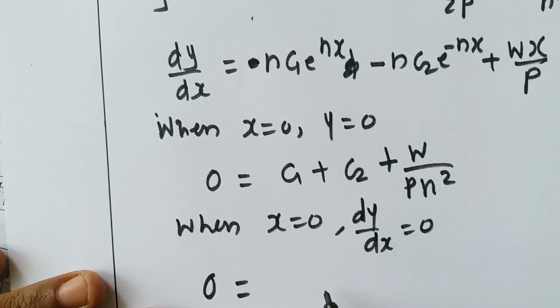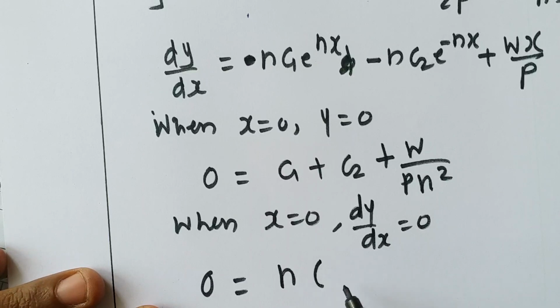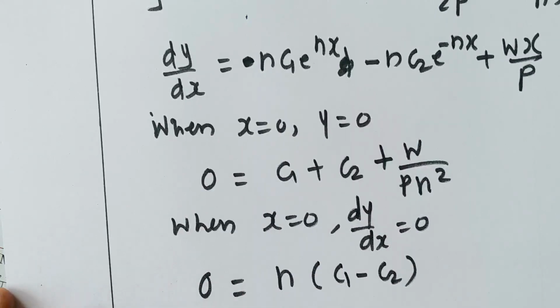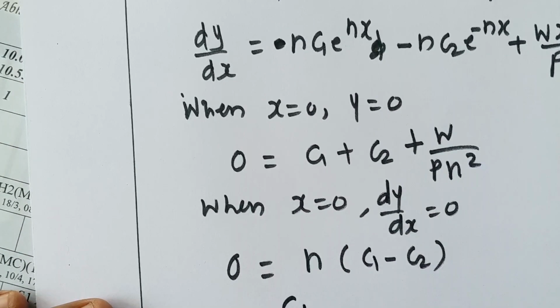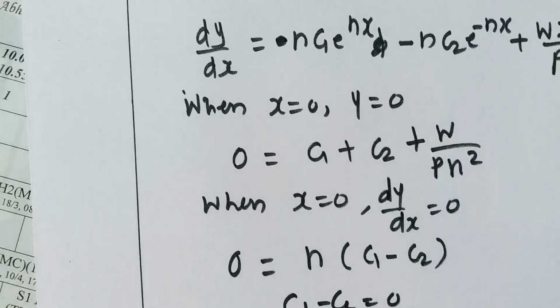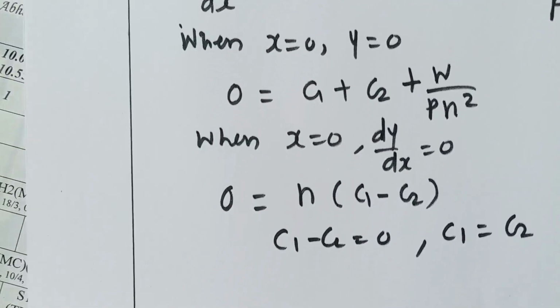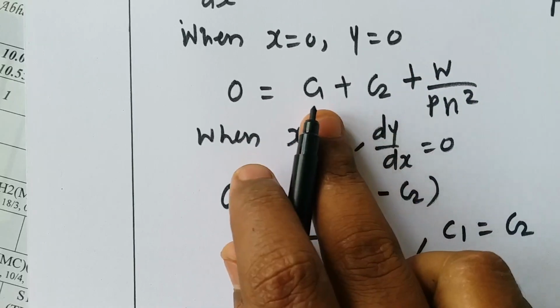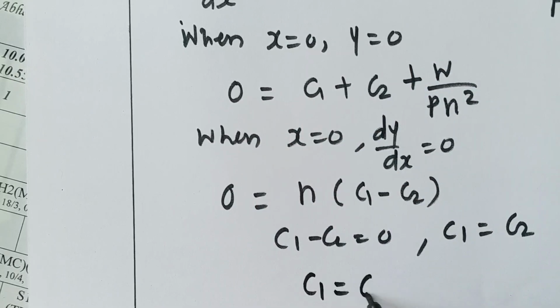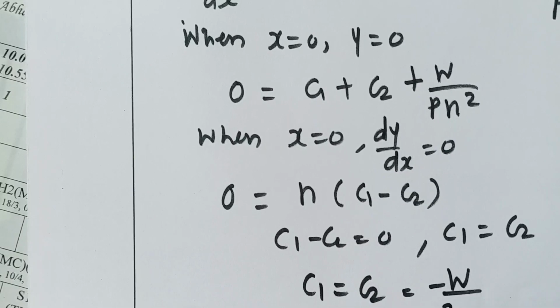If you put dy by dx equal to 0, we'll get n times c1 minus c2. In both terms we have n times c1 minus c2 equal to 0, that is c1 minus c2 equal to 0. From this condition we'll get c1 equal to c2. Now if you put c1 equal to c2 in the first condition, we'll get c1 equal to c2 equal to minus w by 2 times p n square.